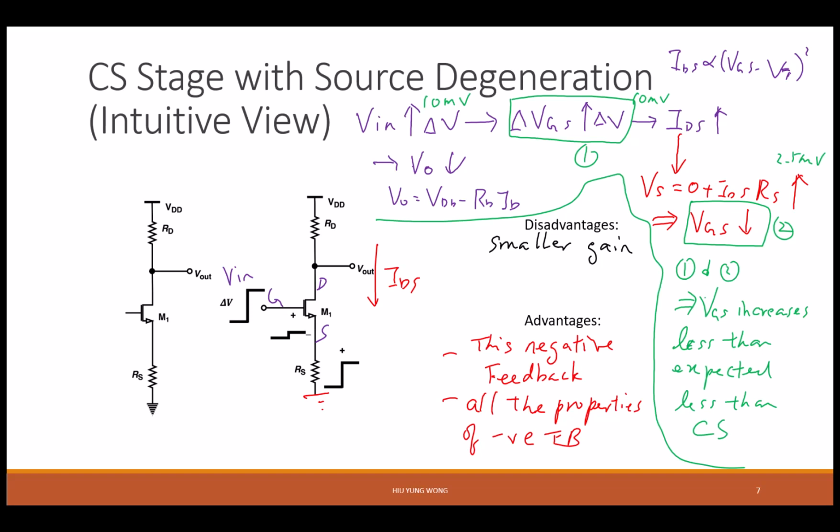So let's not talk about this here. We will talk about feedback at the end of the class. It has all the good properties of a negative feedback circuit. Okay, increase linearity, reduce sensitivity to the loading, to the process variation, etc. It has a good control.